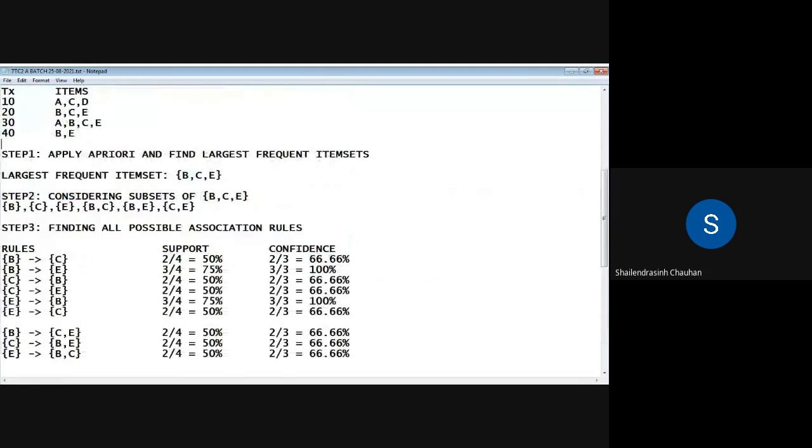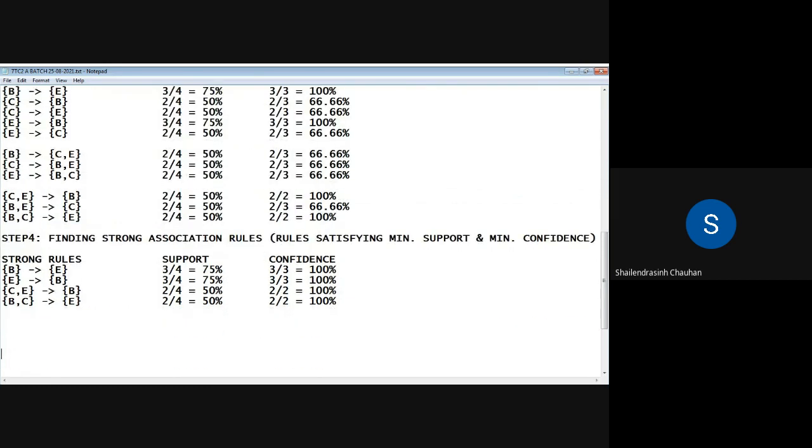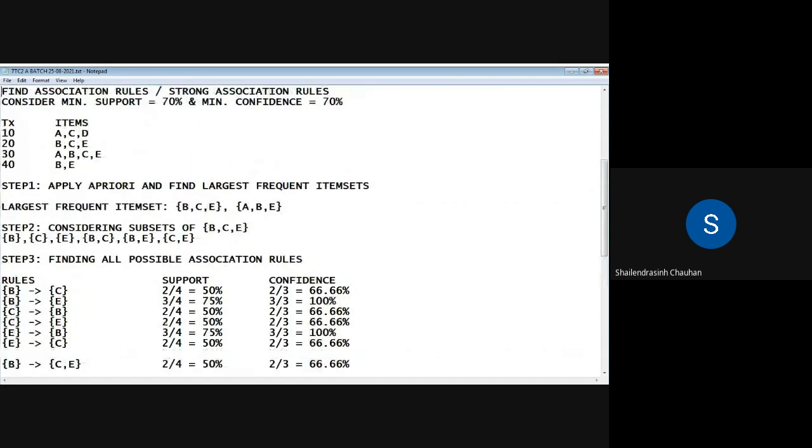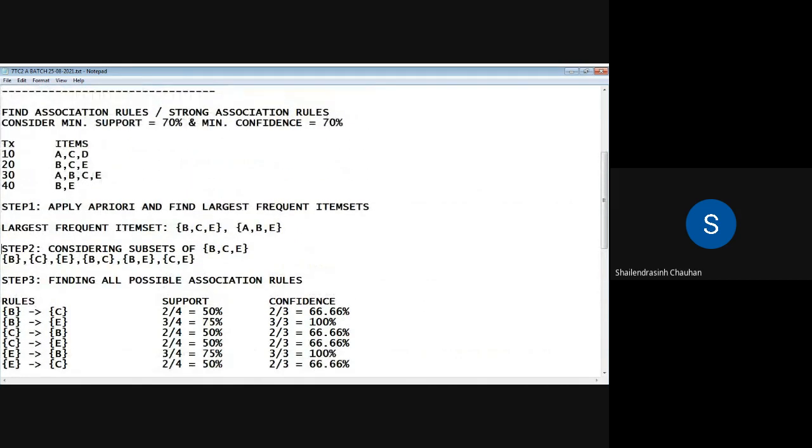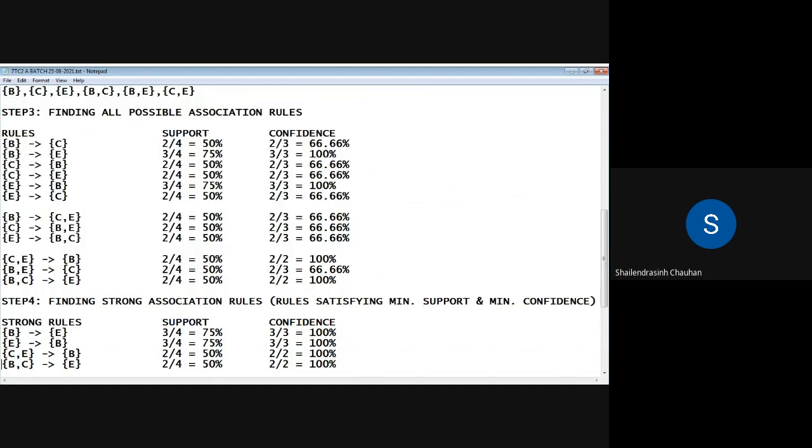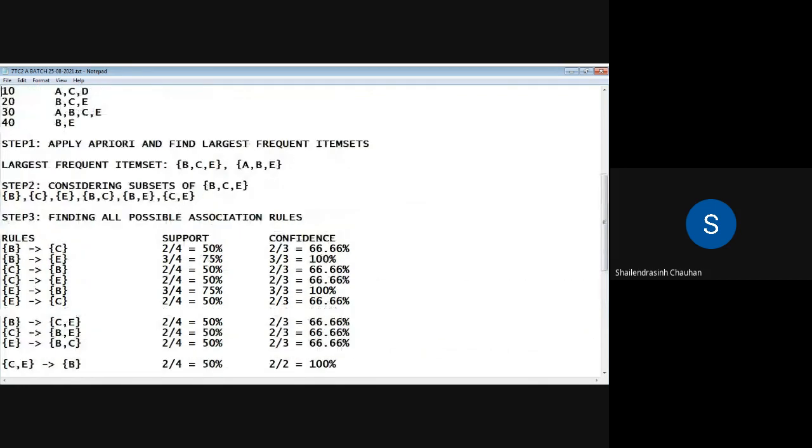If you have, let us say, one more largest frequent item set, for example A, B, E, then for this, you need to perform step 2, step 3, step 4 again for finding out strong rules. So for each separate largest frequent item set, association rules will be generated. This step 2, step 3, step 4 is for BCE. If it is AC or something else, then you have to again find out the rules for the other set also.